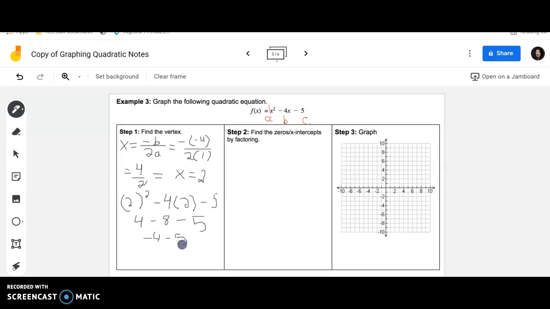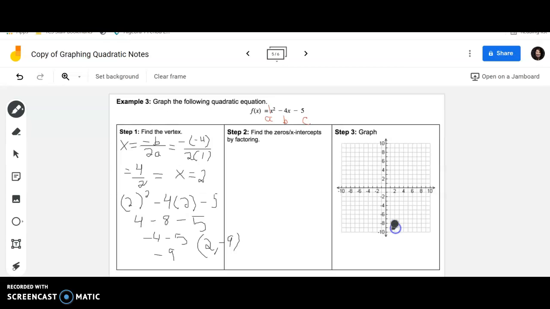Did I do that right? Let me check that. 4 minus 8 is negative 4, minus 5, negative 9. Good. So our vertex is going to be 2, negative 9. I can go ahead and graph that. 2, negative 9 is going to be right here. I can do that better.